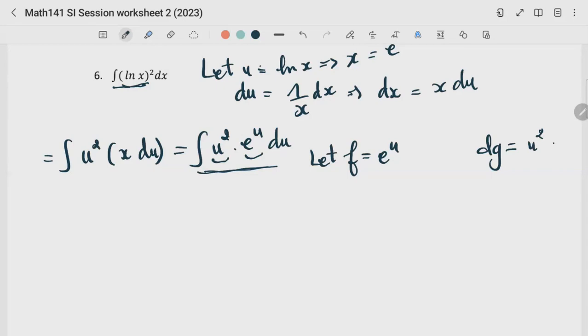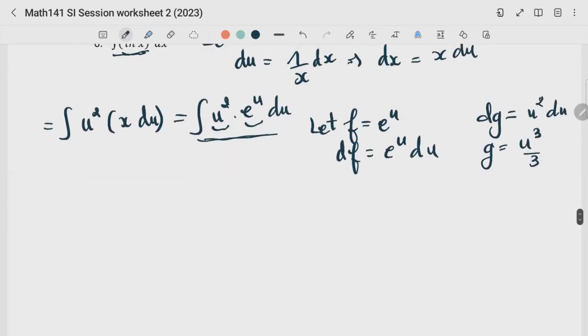So dg will be u squared times du. So then df would be e to the u du, right? We know that's the derivative of e to the u. And then g would be the integral of u squared, which is just u cubed over 3, right? So we have that. Now let's see if it helps us.